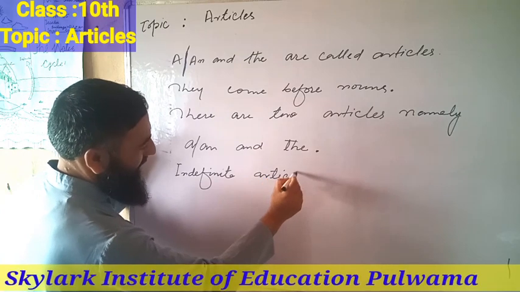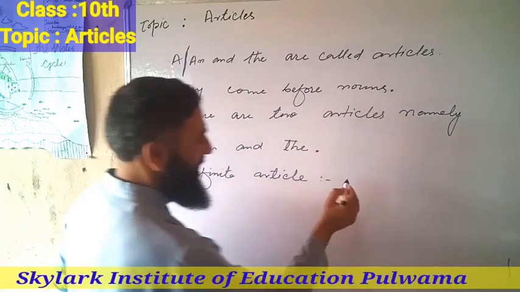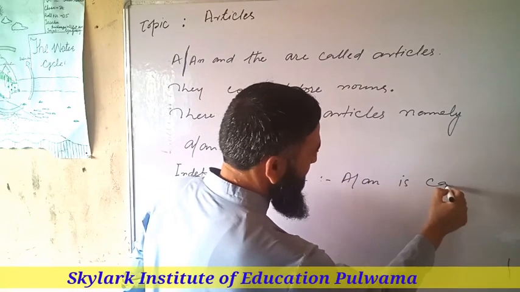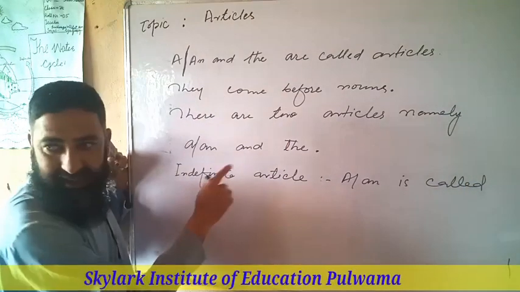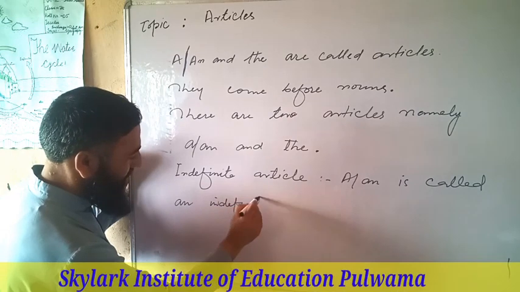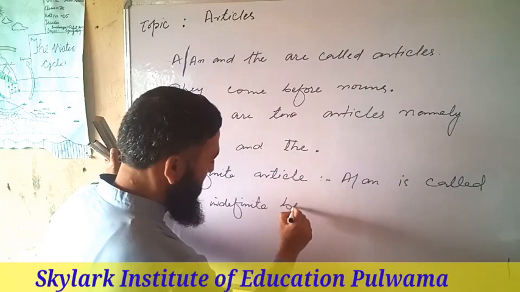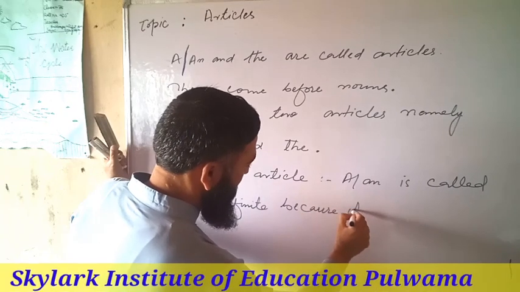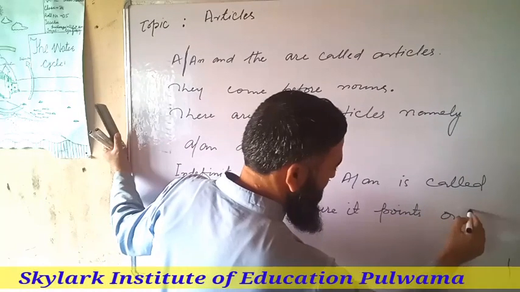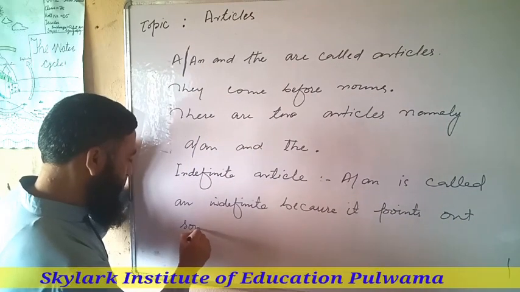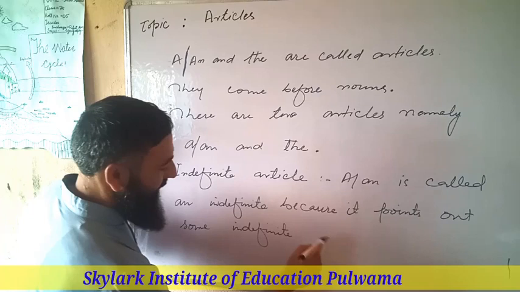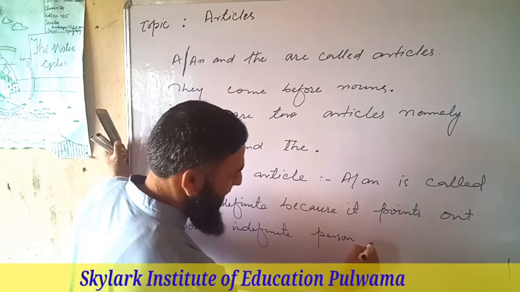A and an are called an indefinite article because it points out some indefinite person or thing.